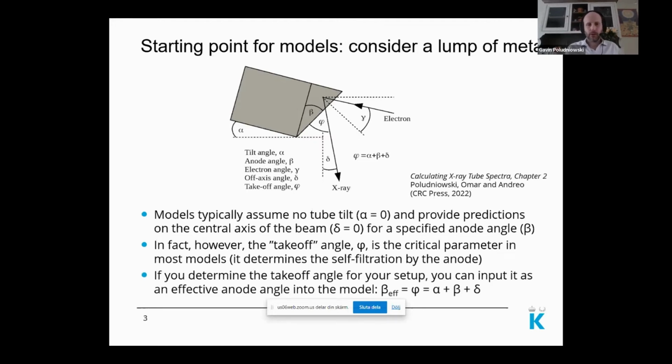And if you're using some software that has one of these models, and you determine the takeoff angle for your experimental beam, then you can input this as an effective anode angle, the sum of the tilt, the actual anode angle, and the angle that you are from the central axis.